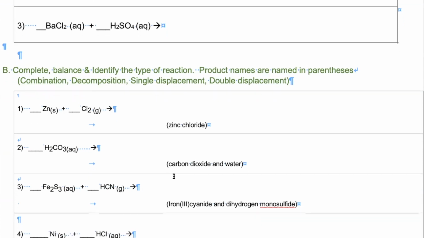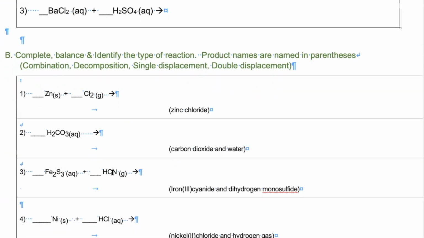Let's take a look at this one right here. Number 3, iron(III) sulfide. That's what this chemical is. It's a +3 iron, Fe2S3, plus hydrogen cyanide forms iron(III) cyanide. That means the iron is a +3. You guys should know cyanide is -1.